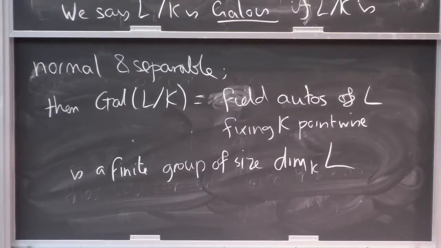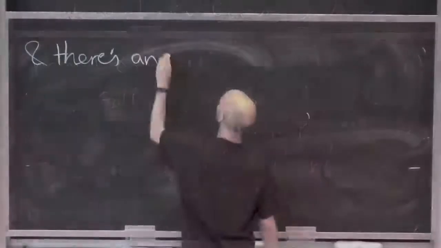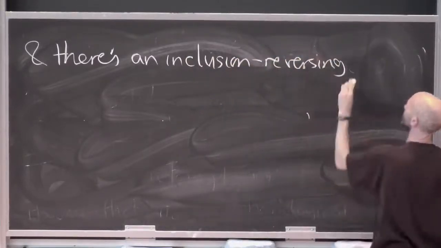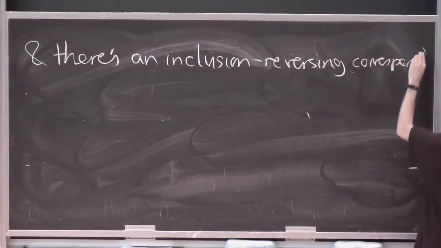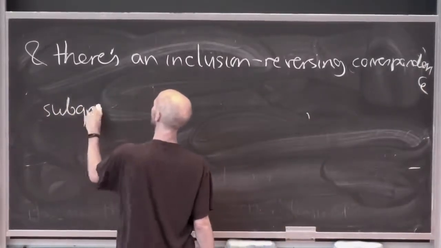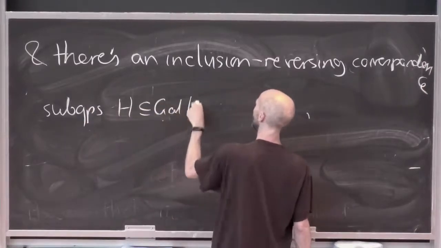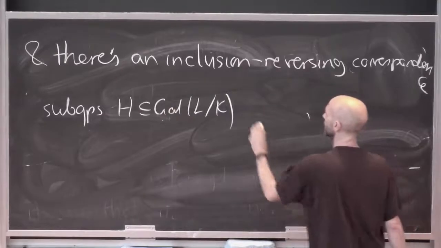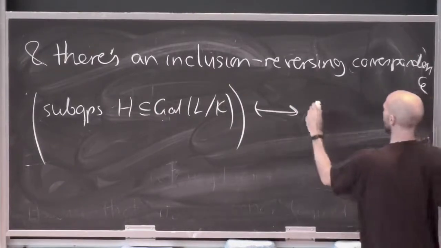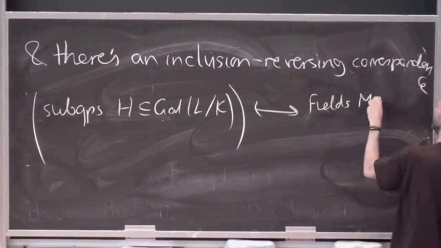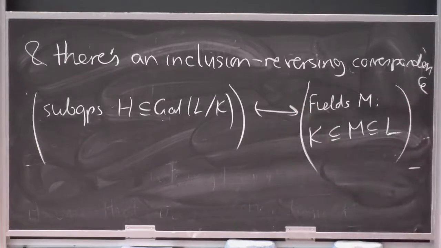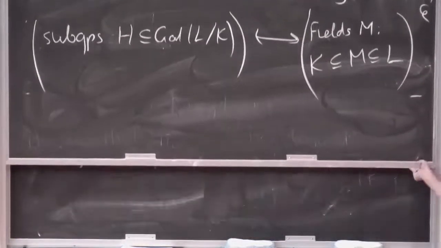There's an inclusion reversing correspondence between subgroups H living in Gal(L/K) and subfields, fields M, such that K lives in M, lives in L. And the correspondence is the usual thing.